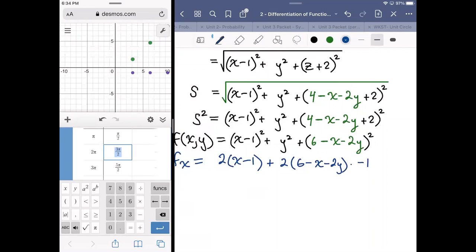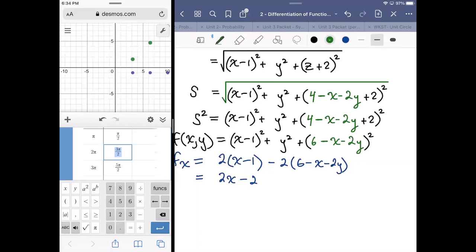All right. For the sake of sanity, I'm going to clean this up a little bit because we have to take the second derivative, or second order partial. 2x minus 2. All right, so this negative 1 can get multiplied by the 2 to become a negative 2.